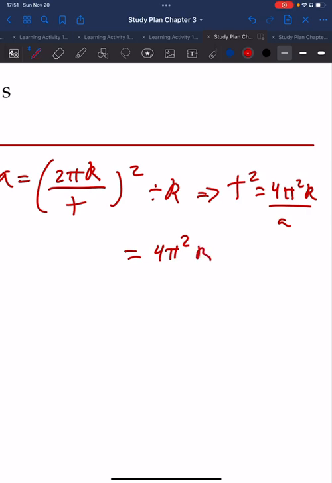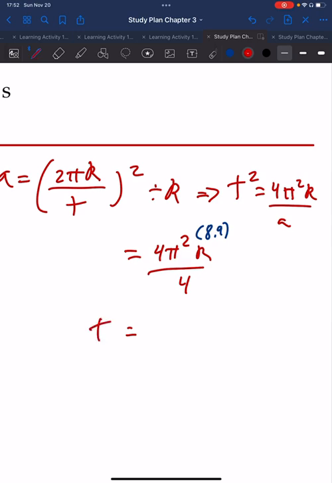So it's 4 pi squared r, or 4, and then here it will be 8.9. Big R is the radius, the rho.